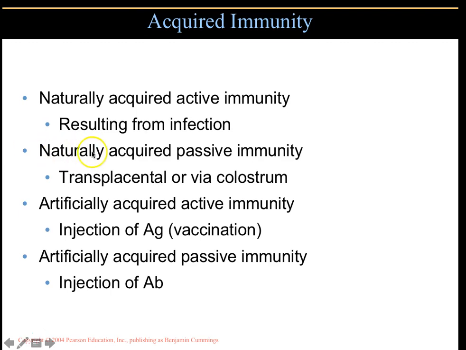Now, natural acquired passive immunity is going to be something that, now they say transplacental or via colostrum. I would also include mother's milk, breast milk, because when you breastfeed your baby, you already have these memories.